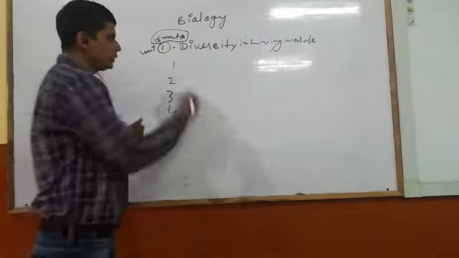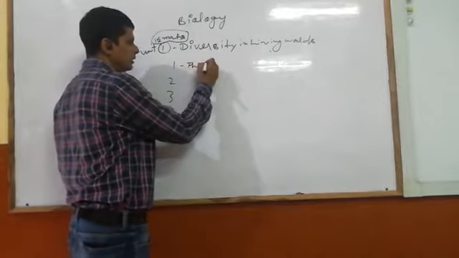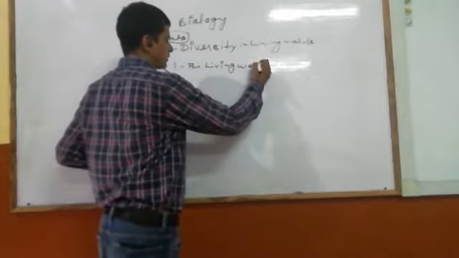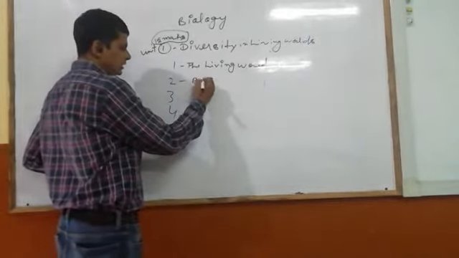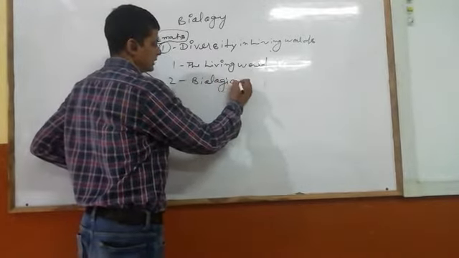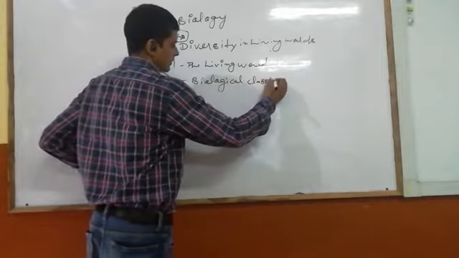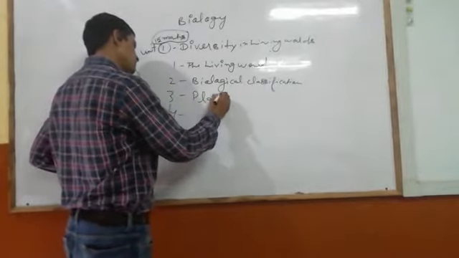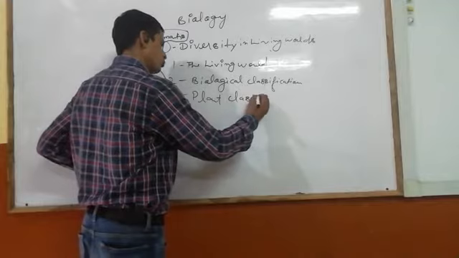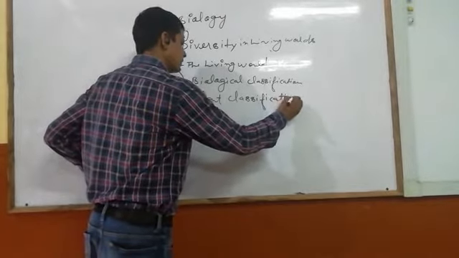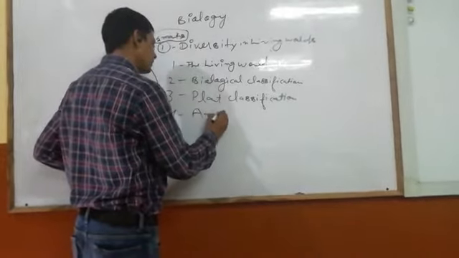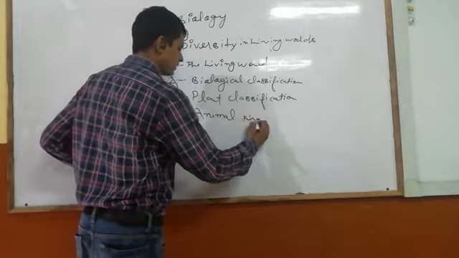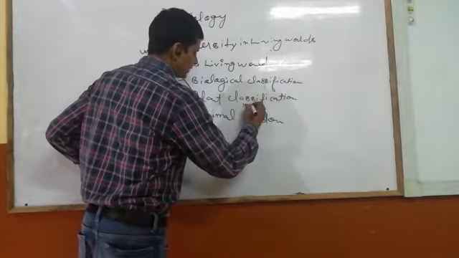The first chapter is diversity in the living world, the second chapter is biological classification, the third chapter is plant kingdom, and the fourth chapter is animal kingdom. You can note these things.